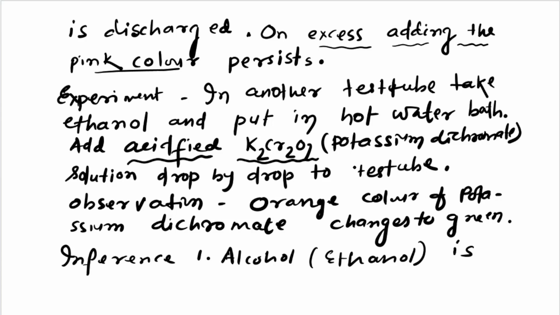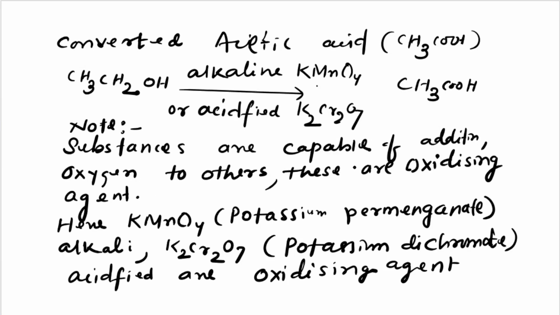Then the inference: ethanol is converted to acetic acid. What is the formula of acetic acid? This is acetic acid, that is the common name. And what is the IUPAC name? That is called ethanoic acid. Clear now? Acetic acid is the common name, and ethanoic acid is the IUPAC name.